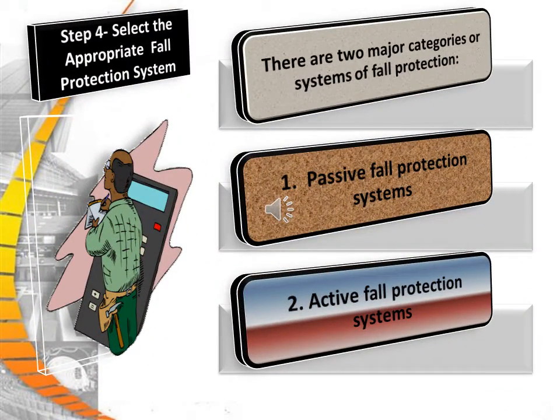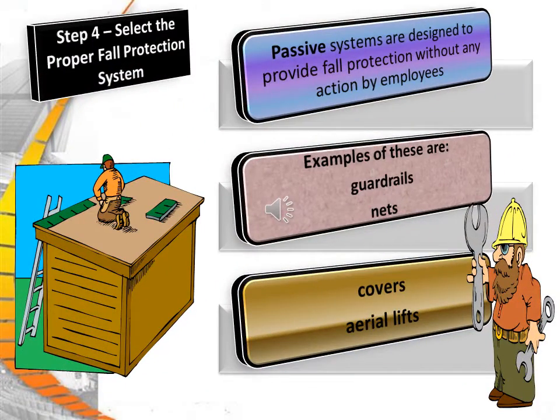There are two major categories of fall protection systems: passive fall protection systems and active fall protection systems. Passive systems are designed to provide fall protection without any action by employees.